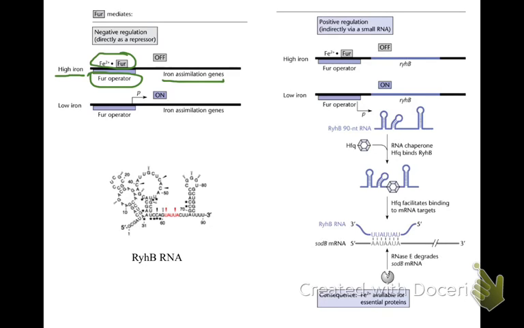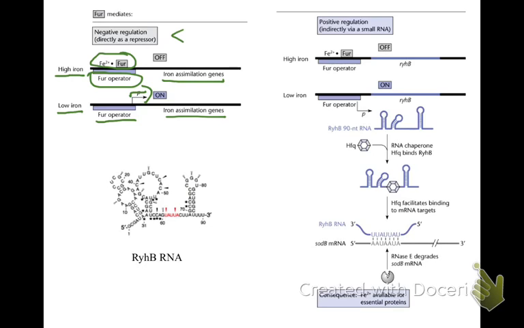For example, the siderophores, which are the proteins that will bind to ferric iron, the insoluble form in aerobic environments. When there's low iron concentrations, there's going to be no activation of Fer, so the Fer operator is not repressed, and we see that we get transcription of those regions, so we'll make siderophores.